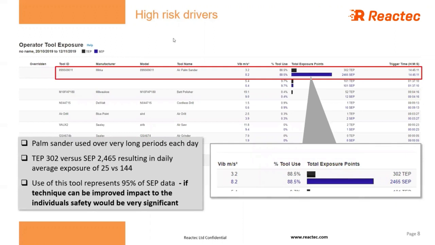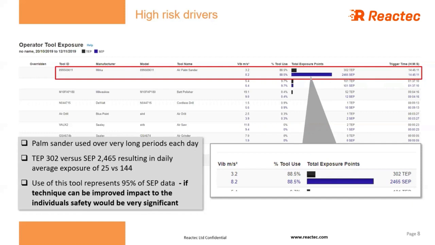If we looked at that particular individual's use of tools across those days of monitoring, we found that one tool in particular, an air palm sander, dominated all of his daily exposure. In total, with that particular palm sander, over the days of monitoring, he was shown to have 302 points versus 2,465, which gave that daily average of 25 versus 144.